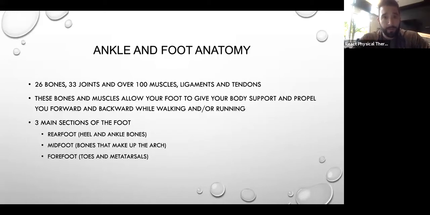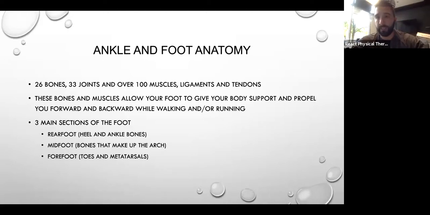Just a little bit of background, some simple anatomy. There are 26 bones, 33 joints, and over 100 muscles, ligaments, and tendons that comprise the foot and ankle. These bones and muscles allow your foot to give you support and help propel you forward or backwards when you are walking or running or standing. Some of these also contribute to how our body is going to respond, right?